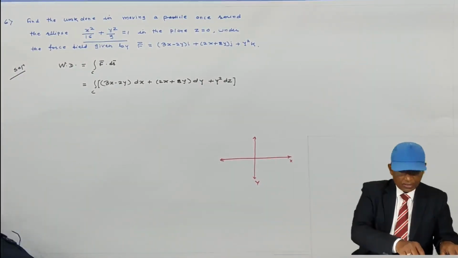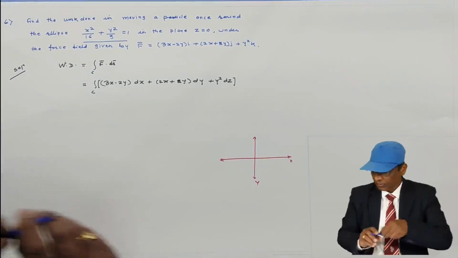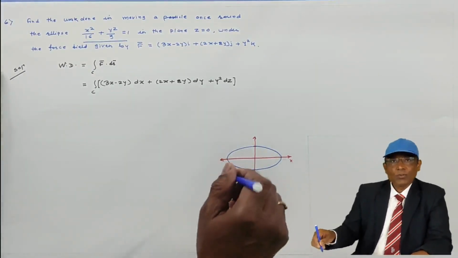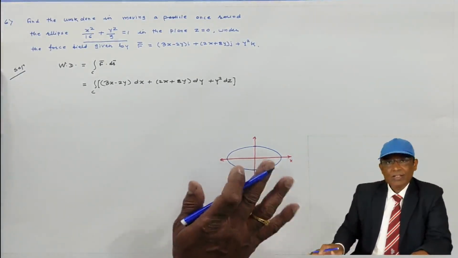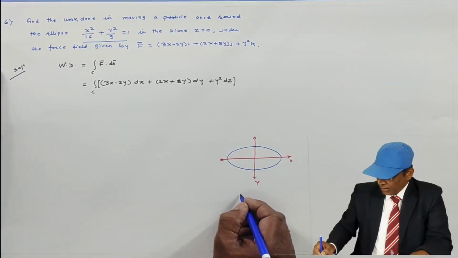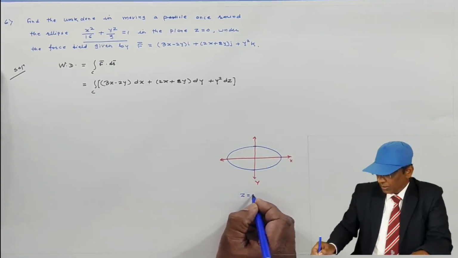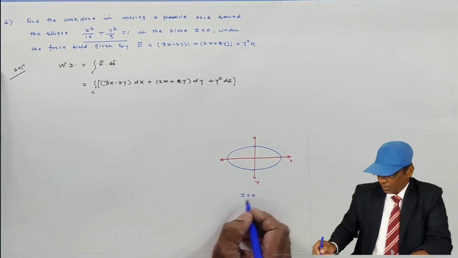This ellipse is in the xy plane. In the xy plane, the z component is 0. Here z equal to 0 is the equation of the xy plane. Therefore, dz is equal to 0.